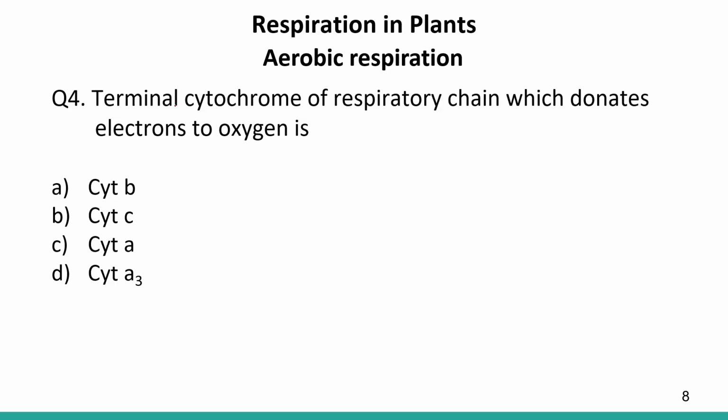Now, fourth question is, terminal cytochrome of respiratory chain which donates electrons to oxygen is? Again, let's talk about the electron transport system. Let's talk about complex 4, which is known as cytochrome C oxidase.